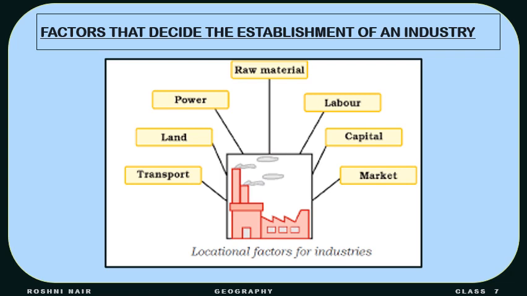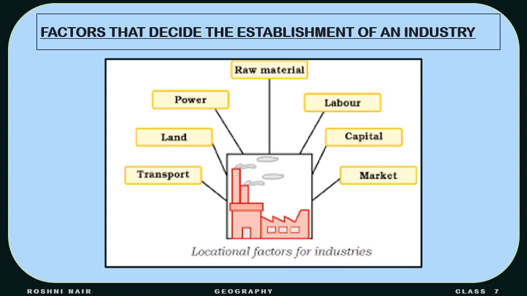Then they will have a school. So somewhere it is all related to the way people live, raising the way they are living. So industrialization will lead to the development and growth of towns and cities.